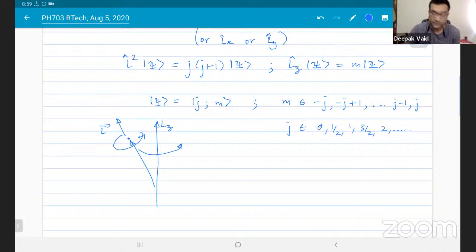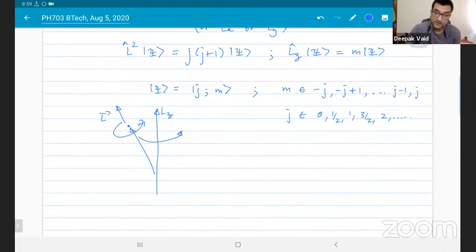In a magnetic field, for instance, this Lz matters. What is this? This is the spin degree of freedom of a particle. For the simplest case of J equal to 1/2, what are the allowed values of M? Minus 1/2 and plus 1/2.